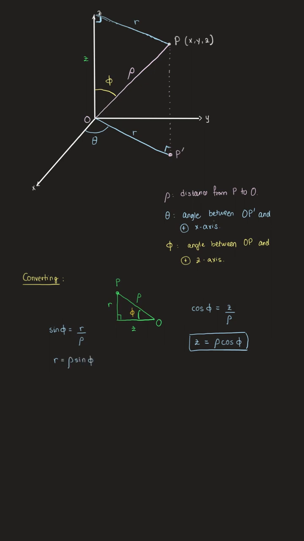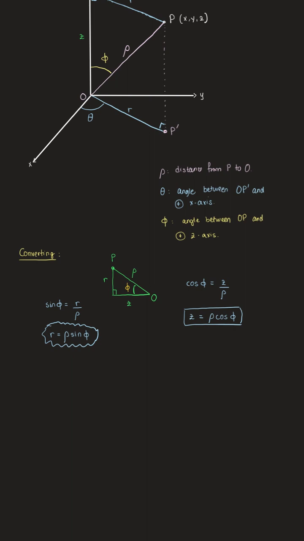We're going to put this on hold a little bit because r is not one of our rectangular nor spherical coordinates, but it might come in handy in expressing x and y in terms of our rectangular and spherical coordinates. So we know the relationship between r, x, and y, and we also know that x, in relation to theta, was r cosine theta, and y was r sine theta.